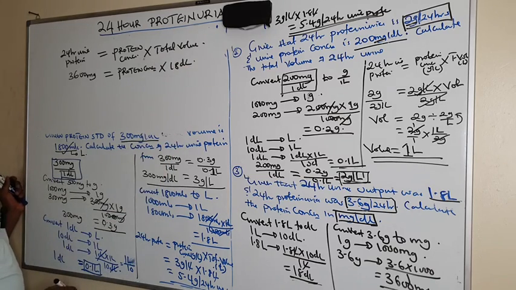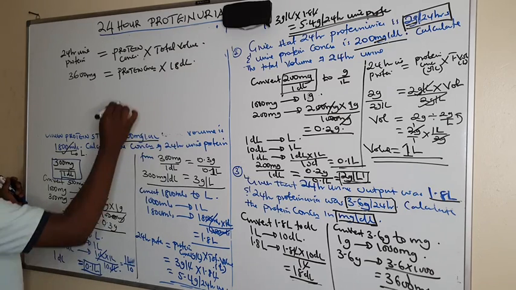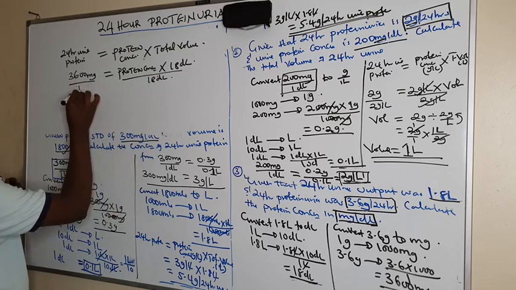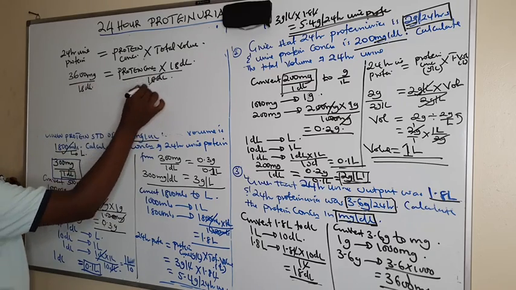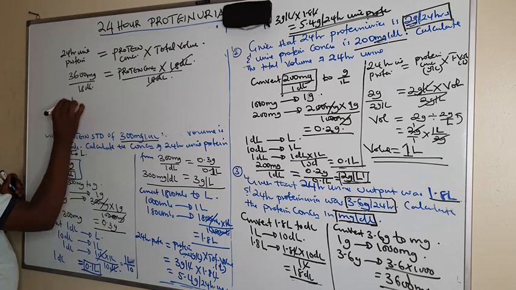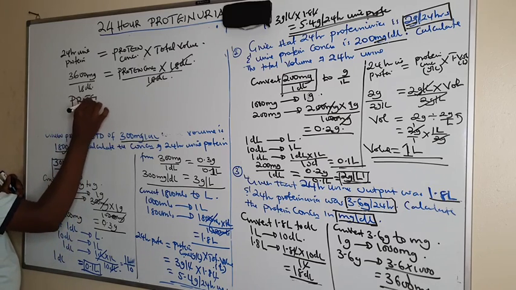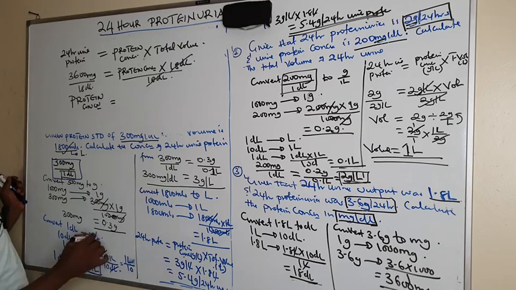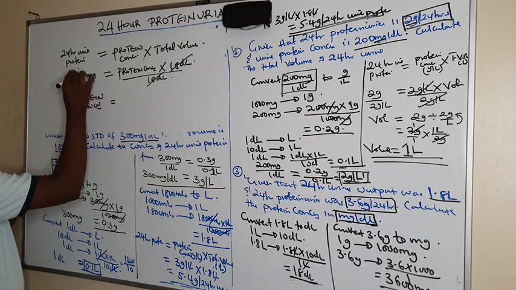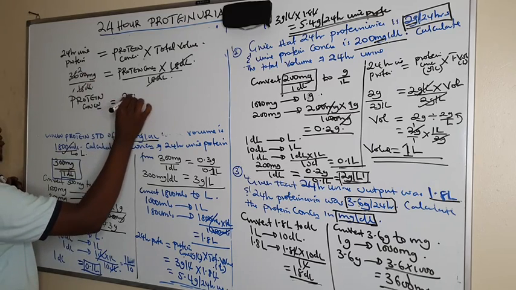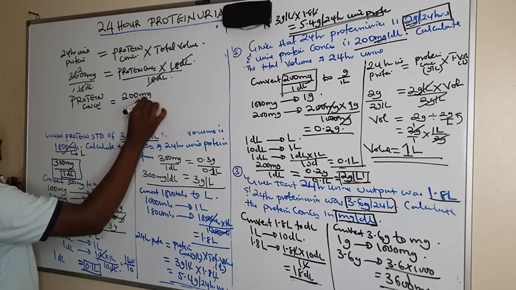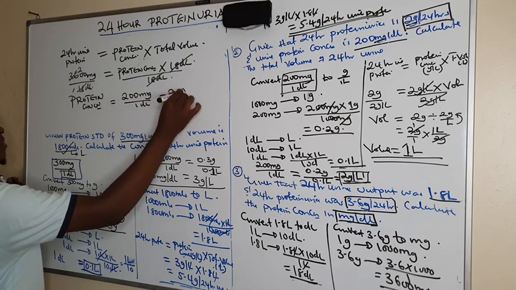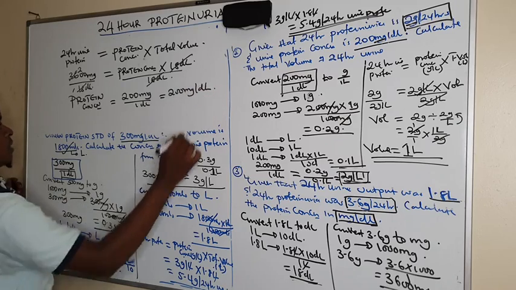So we make protein concentration the subject of the formula by dividing both sides by 18 deciliters. This goes with this, and we remain with protein concentration equal to 3,600 by 18, which equals 200 milligrams over 1 deciliter, the same as 200 milligrams per deciliter.